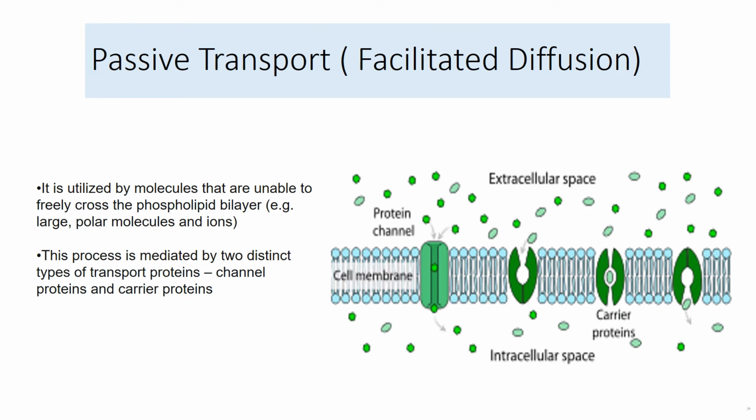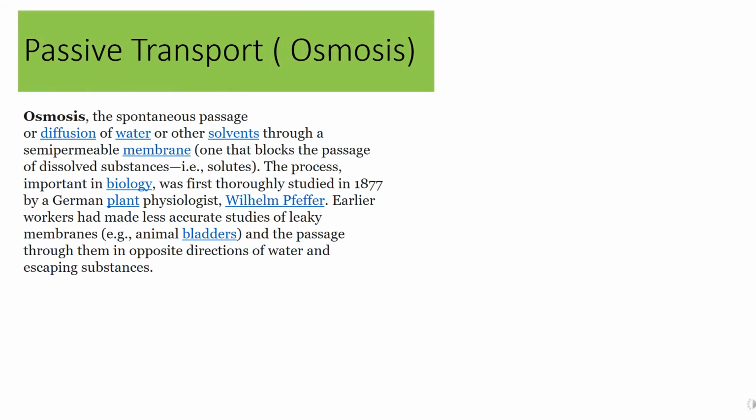The rate of facilitated diffusion is higher than simple diffusion. In this picture you can see the protein channels between the extracellular spaces and the intracellular spaces.